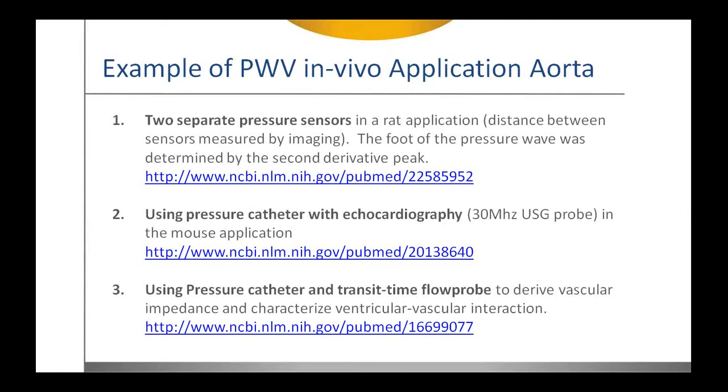Please see the link for more details. In the third example, we're talking about a transit time flow probe and a pressure sensor deriving the pulse wave velocity while characterizing the ventricular vascular interaction and also the important impedance in the system.